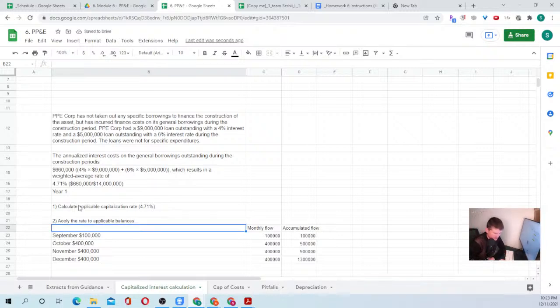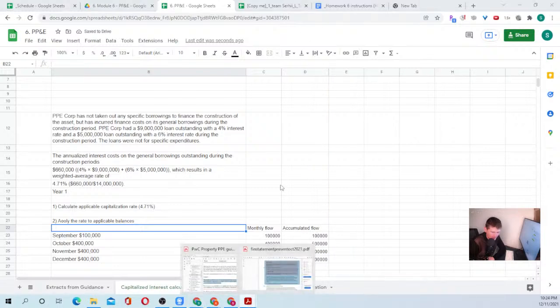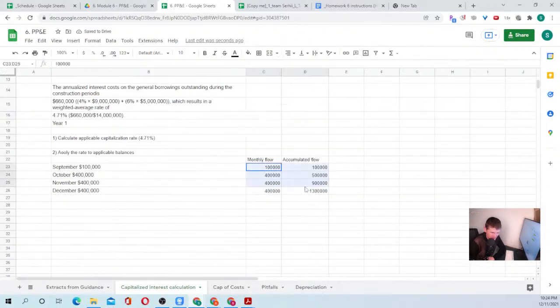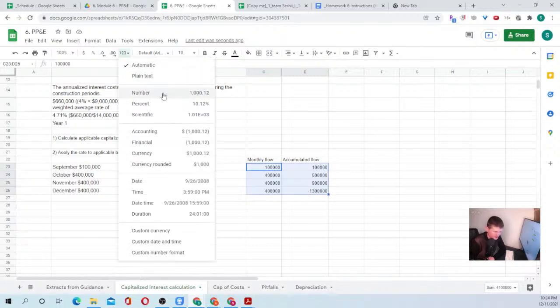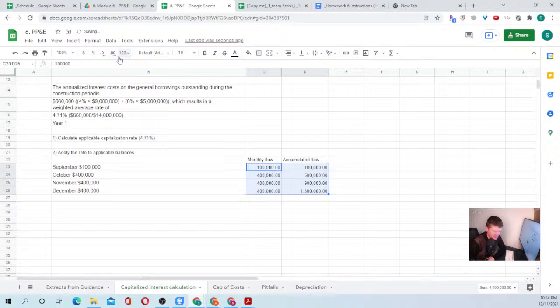And I'm doing it a bit differently from the guidance, but the result will be the same. Depending on which method is easier for you to understand, you may use any. The result is the same.